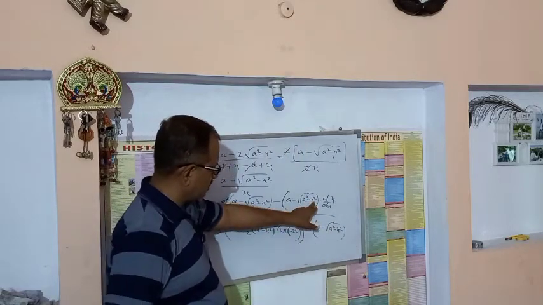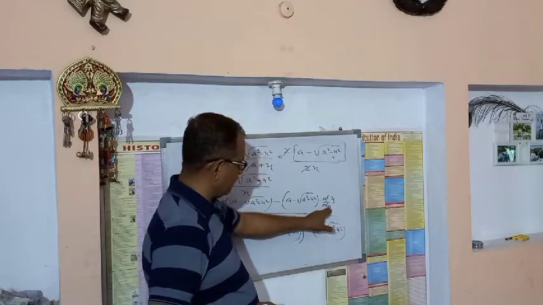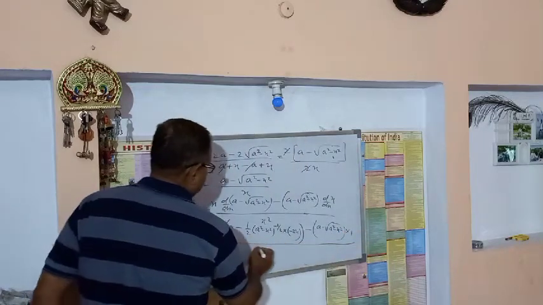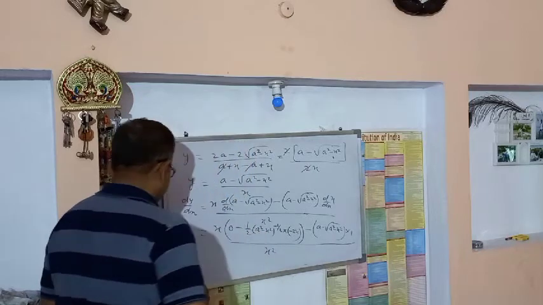And what is the derivative of x with respect to x? 1, whole upon x square.